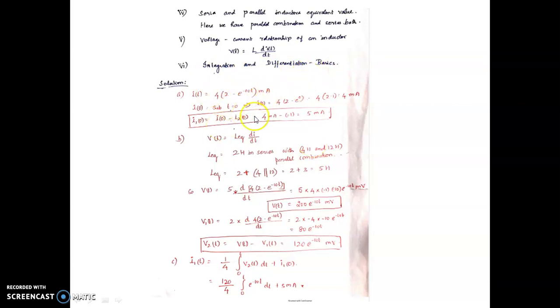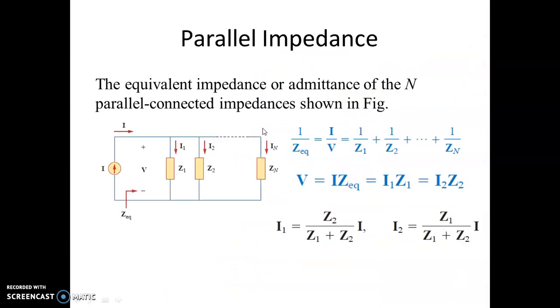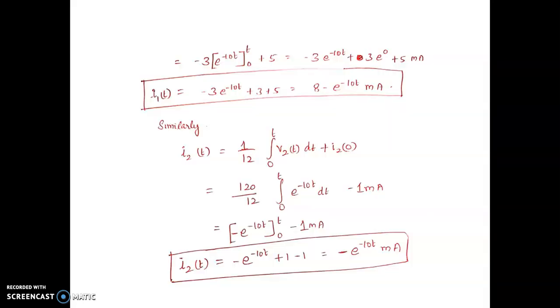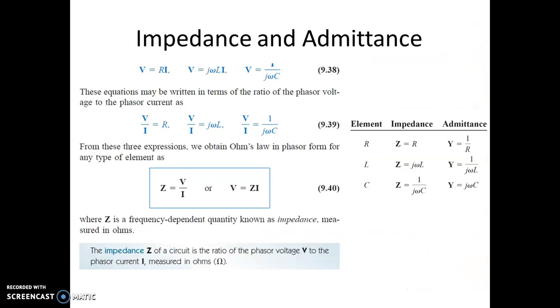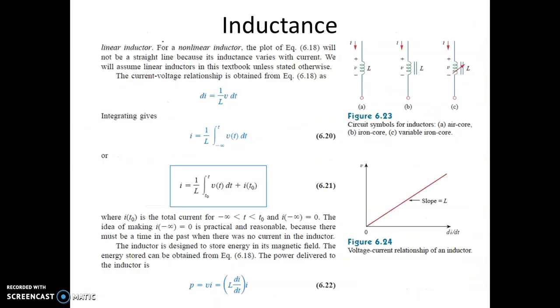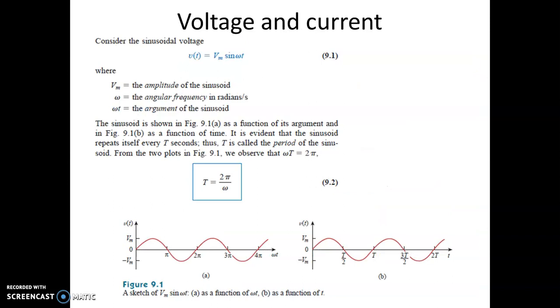Before starting this solution, let me give a brief introduction to AC circuits. The sinusoidal voltage will be of the form V of t equal to Vm sin omega t.